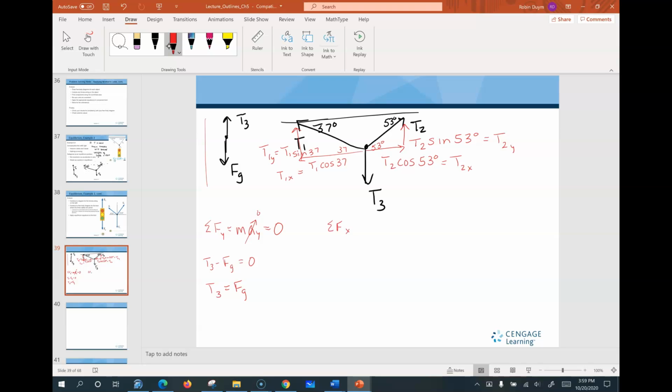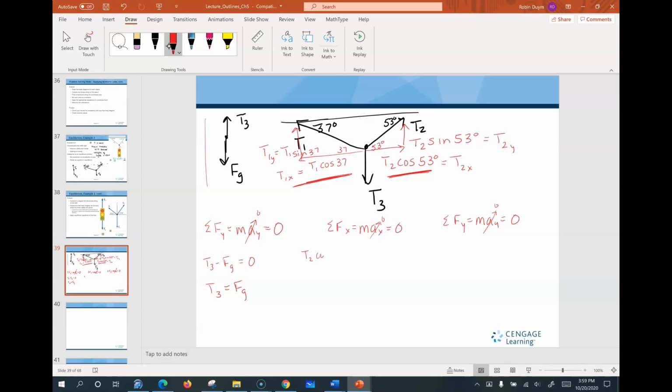Now we're going to come over here, and sum all of our forces in the x direction, and all of our forces in the y direction. We know that it's in equilibrium, so there's no acceleration, and therefore it equals 0. In the x direction, we have this guy and this guy. You just have to be careful of your signs.